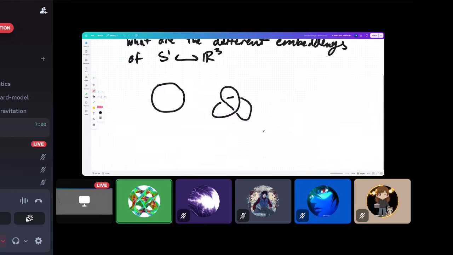Okay, the trefoil knot. Or I guess I did this a little wrong. It should be just a little bit like, oops. Let me undo that. Is there any way to erase? Over here, imagine that this part is a crossing.